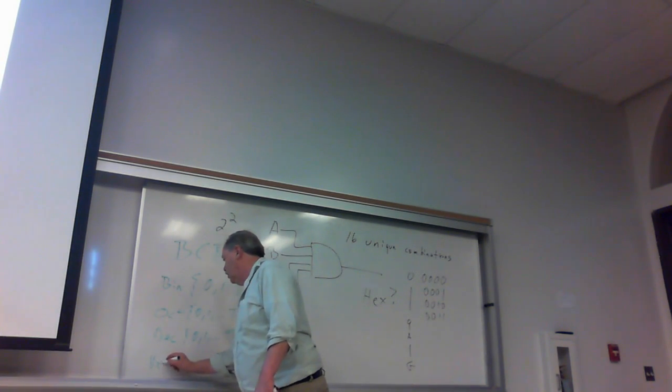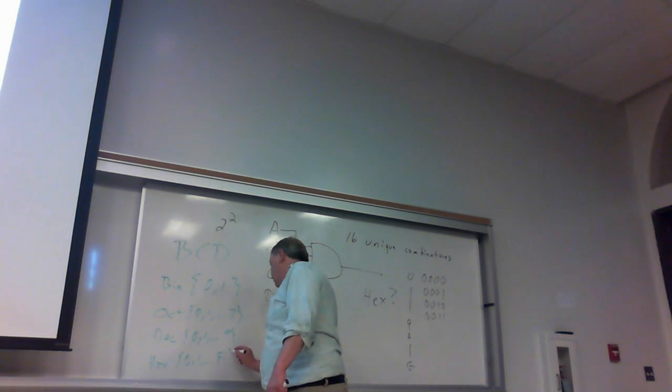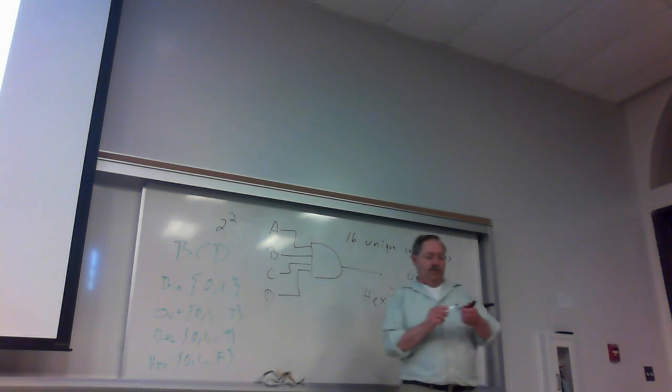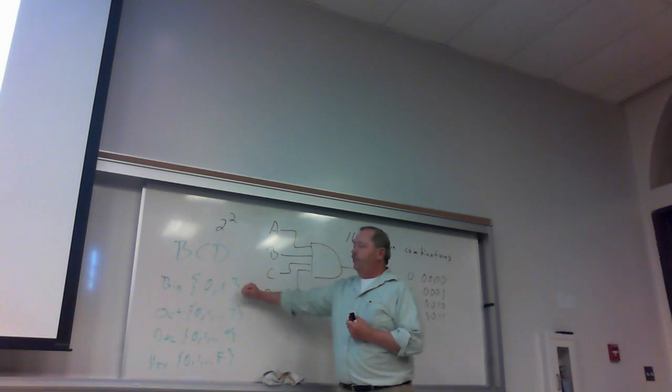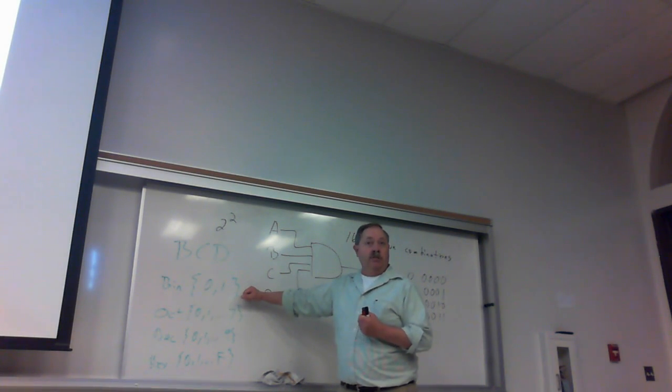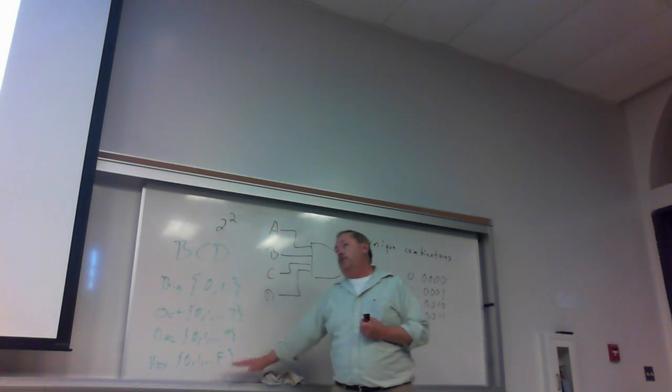Hex, 0 to 9 and A through F. Remember these fundamentals. Okay? This is the alphabet. You can think of it as the alphabet or the set for binary, octal, decimal, and hex.